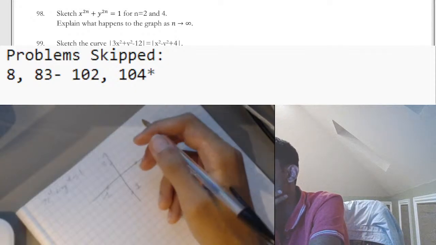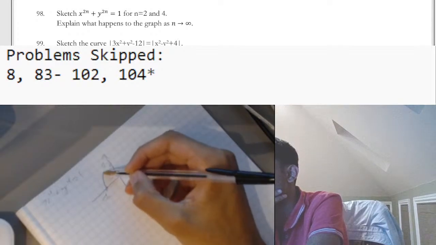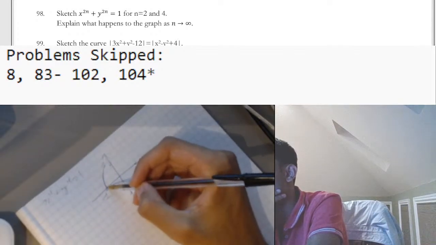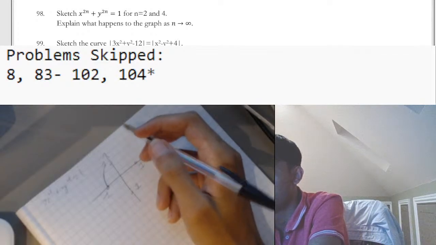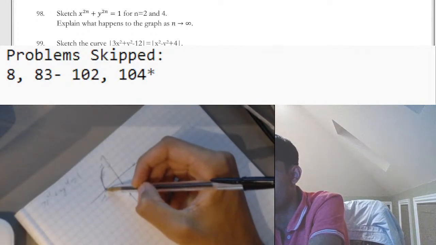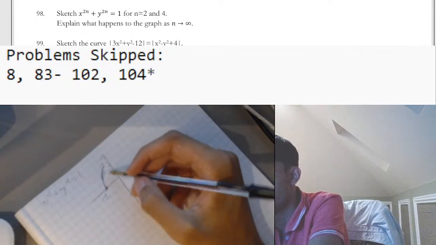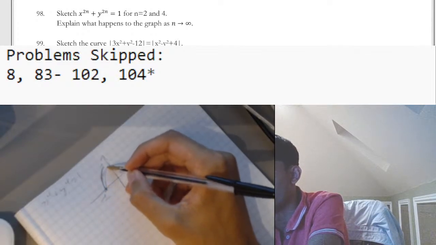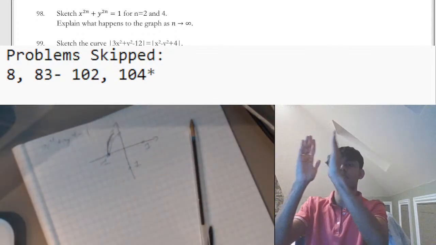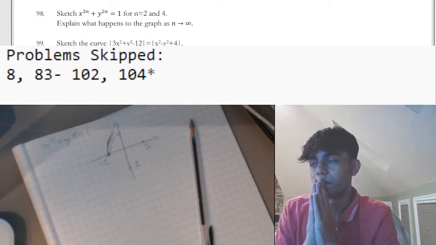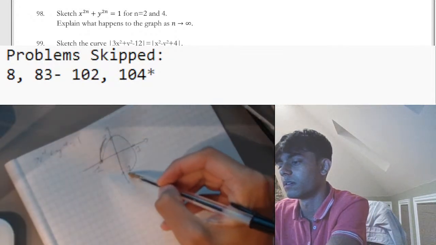It's gonna kind of be like a circle, but it's gonna be more, I don't know, man. It's gonna be like the square root graph, I think. Yeah, it's gonna be more oval-like, with the top being thinner.